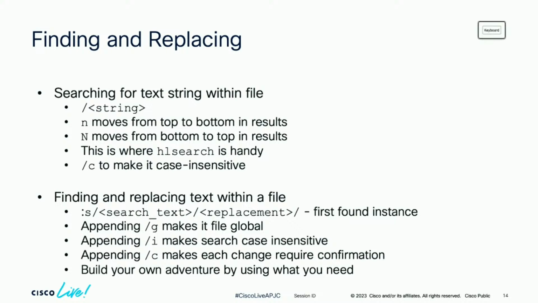If I want to make that find and replace case insensitive, I append /I. And if I do /C, that's going to ask me every single time, do I want to change that? And you can build your own adventure by adding all of these. If I want to look for global, case insensitive, and require confirmation, it's just /GIC at the end of it. And that will search globally, case insensitive, and require change confirmation.